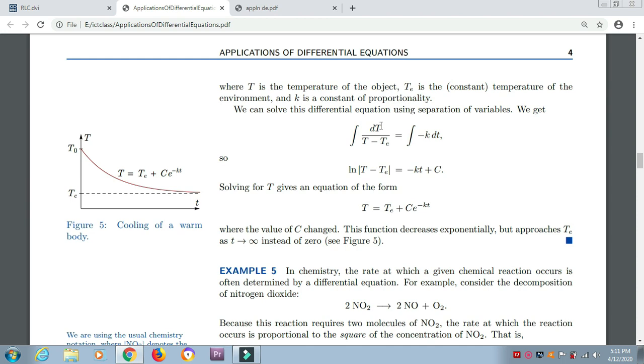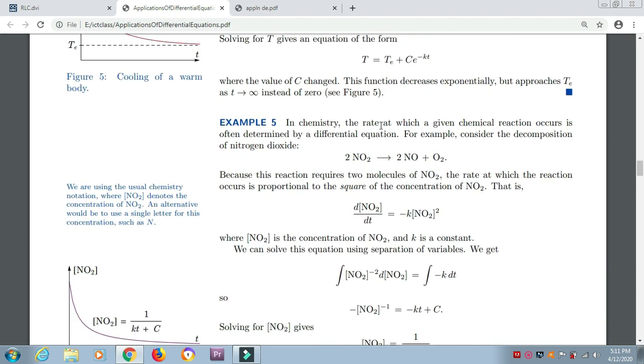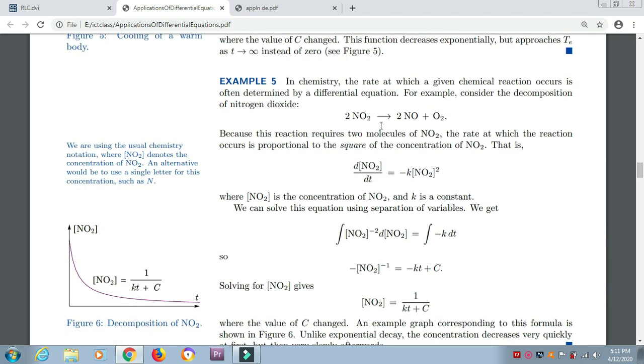Then example 5 is a chemistry concept, that is, how the differential equation is applied in chemistry. Here we consider the system as nitrogen dioxide, which we are going to decompose. I think you have an idea about composition and decomposition.